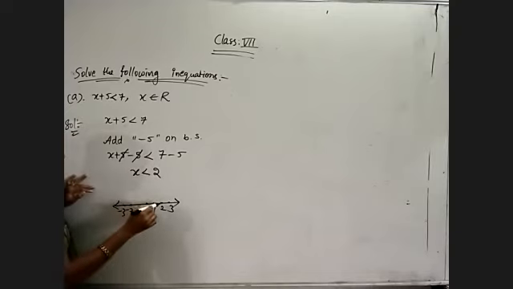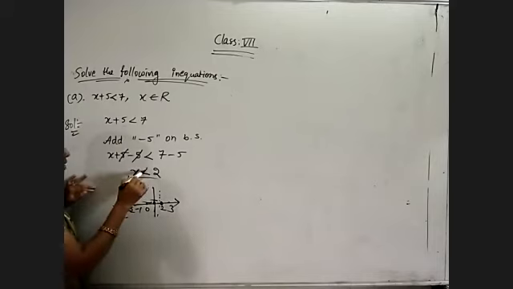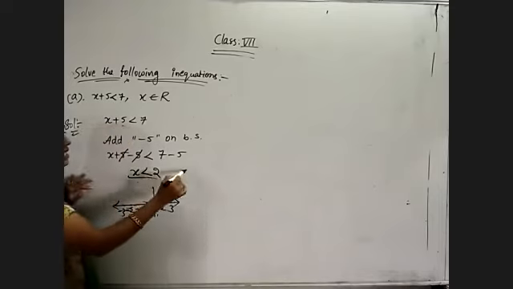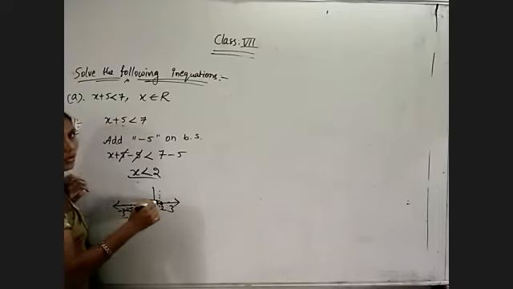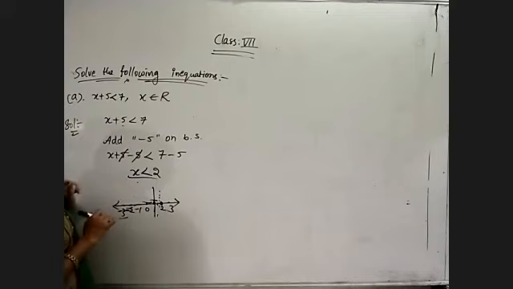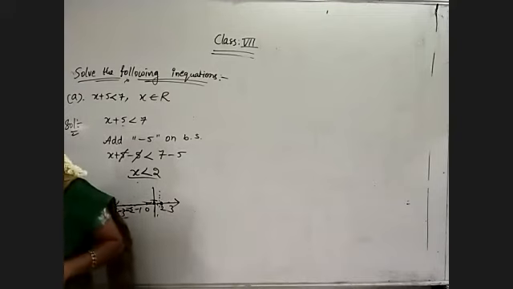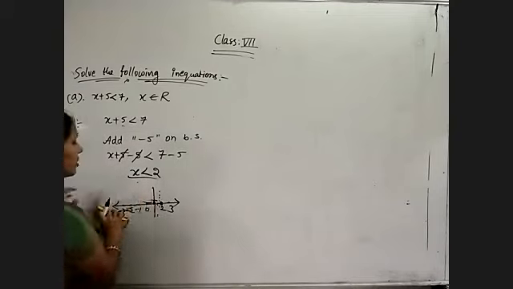So x is less than 2 means every value before 2 can be x. So there are infinite solutions, not one exact solution. If it were an equation, x equal to 2 would give just the value 2. Understood? Now coming to the next type of inequation.